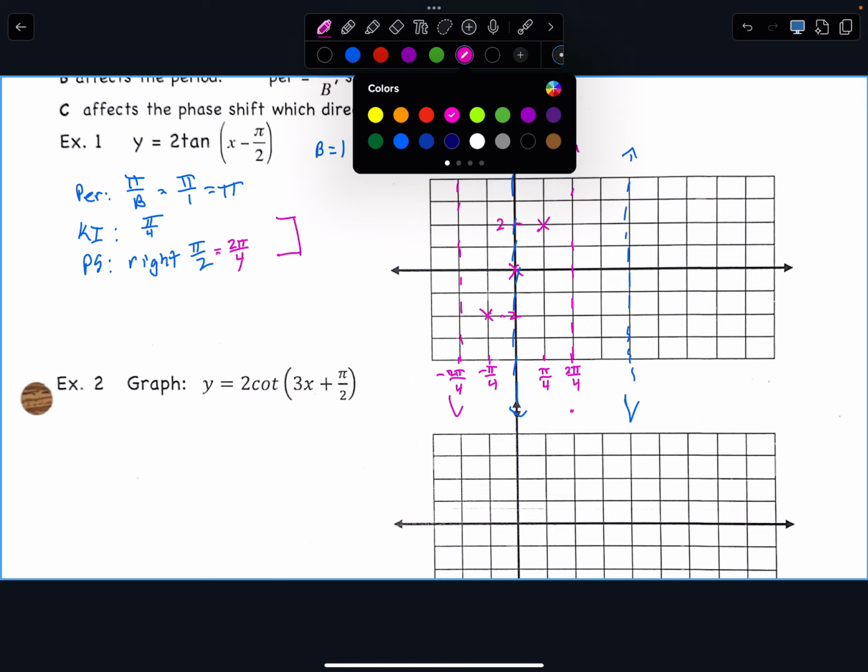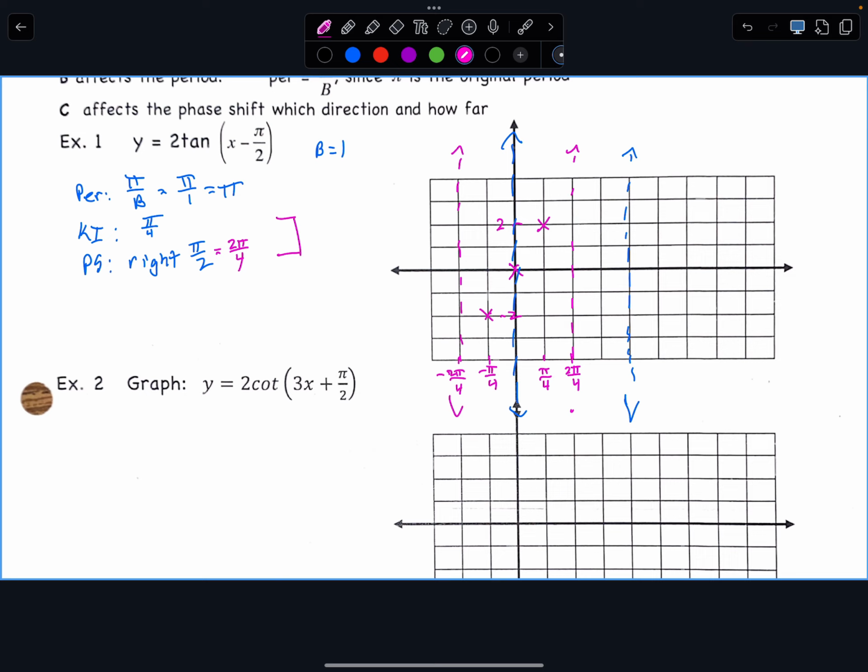And so that second asymptote would be 4 pi fourths, or at pi. And then each of the points is going to move 2 key increments to the right as well. So that's going to move over here, this one's going to move here, and this one's going to move here.